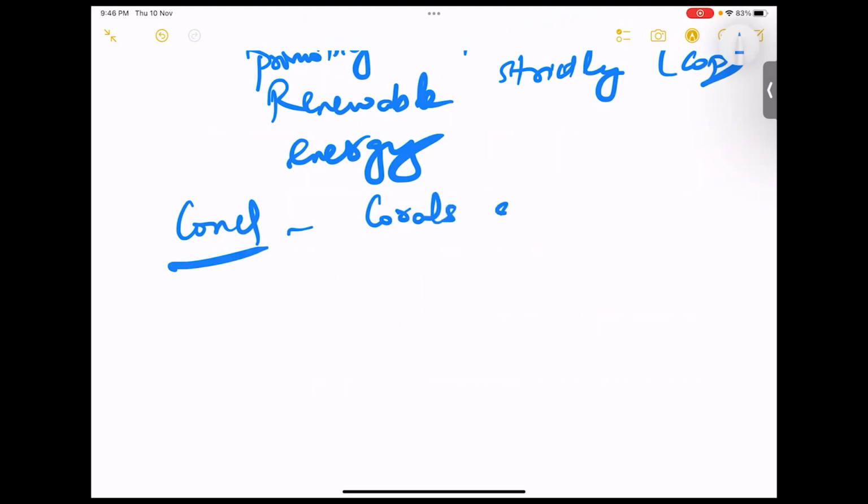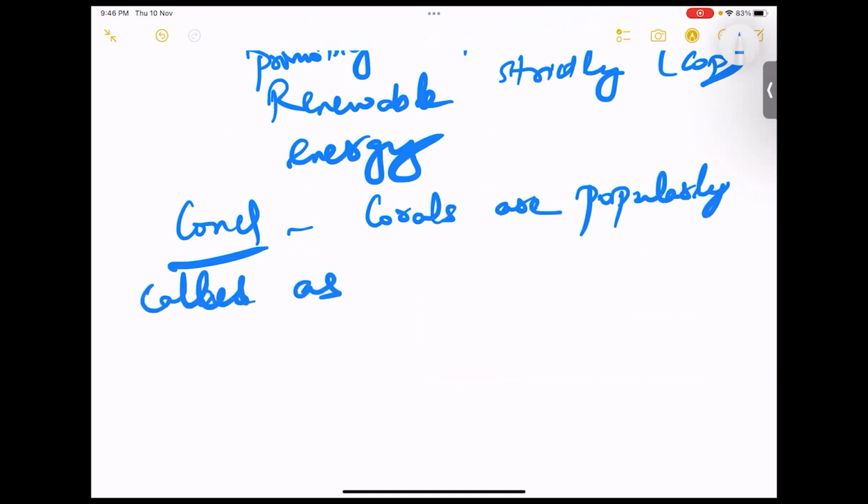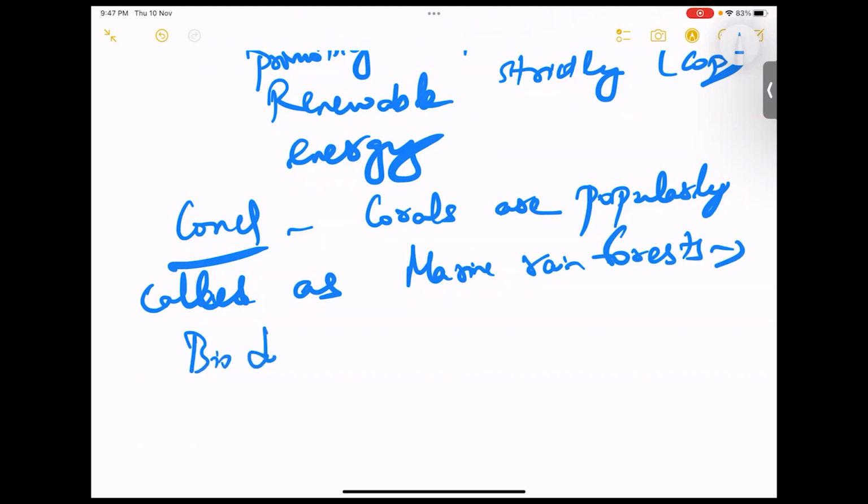Corals are popularly called as, what are they called as? Marine rainforest, sir. Yes, marine rainforest, which reflects the biodiversity they support.